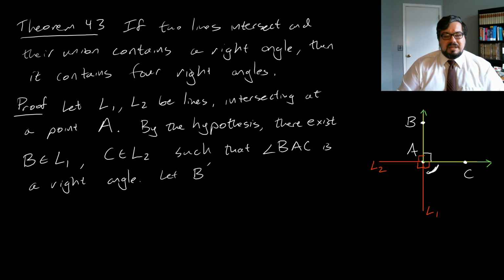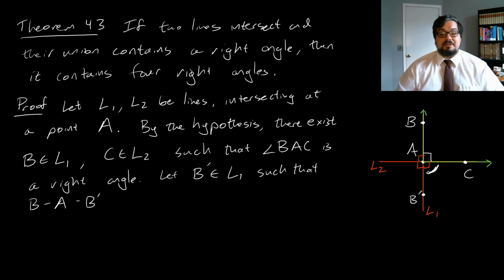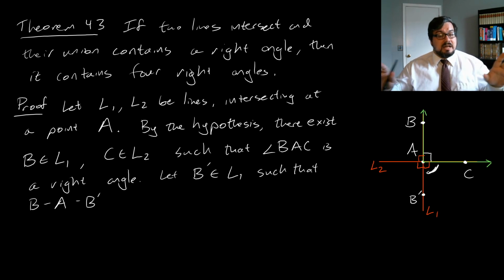So let B prime be in L1 such that B A B prime. So I just want to take some point down here on the other side of L1, and this is the way that I do it. I say let B prime, a new symbol, I can't use a symbol that I already have, be a point that satisfies this relationship B A B prime.